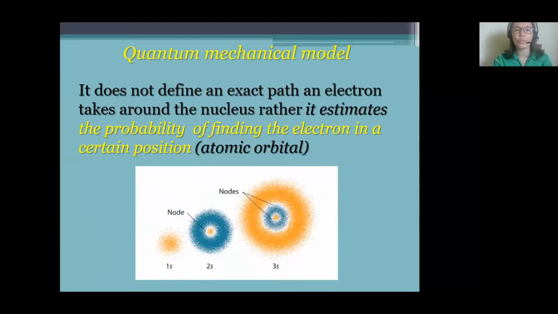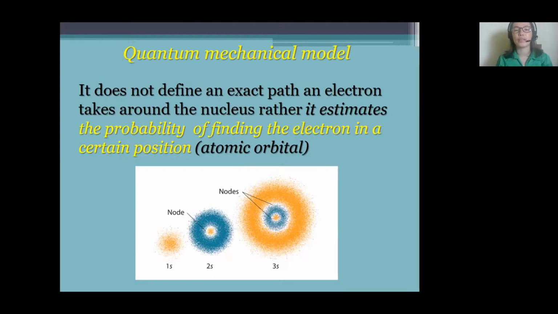So when you say quantum mechanical model, this model does not define an exact path an electron takes around the nucleus. Rather, it estimates the probability of finding the electron in a certain position, at least 90%. So we call it an atomic orbital.